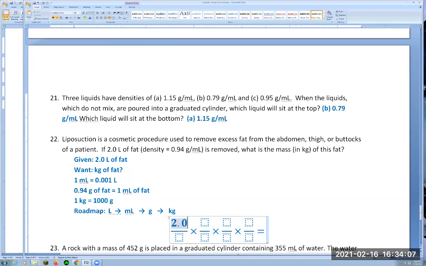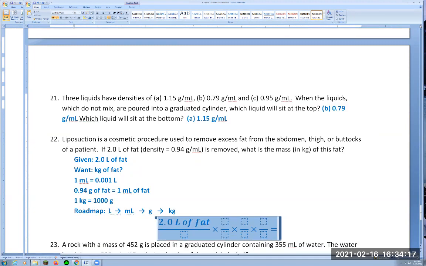And so 2.0 liters of fat goes there. And it's a simple measurement here, liters of fat. It's a volume of fat. So nothing goes in the denominator. So you can put a 1 in the denominator. You will multiply by 3 conversion factors, right? We have 3 arrows, so 3 conversion factors.